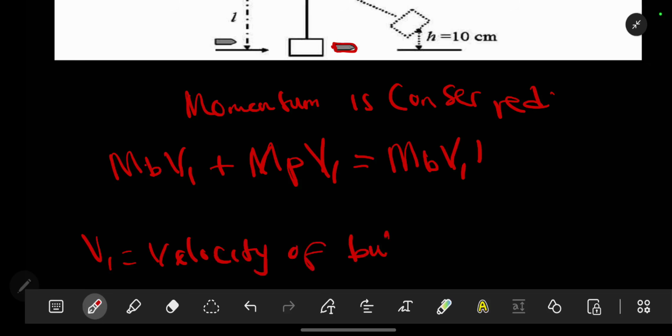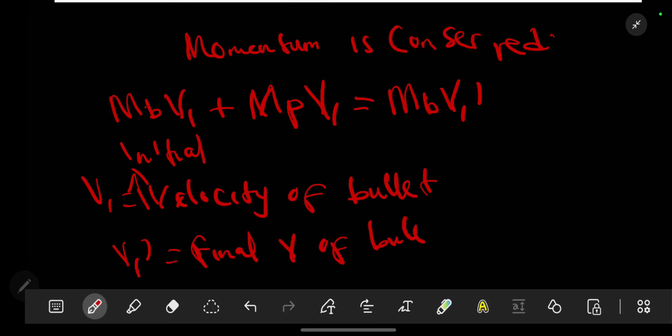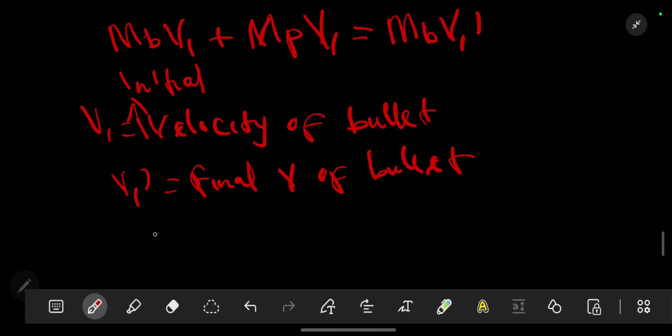So let's just name v1 as the velocity of the bullet. v1 cap is equal to, so this one is the initial, this one is the final velocity of the bullet. You can write it in full.